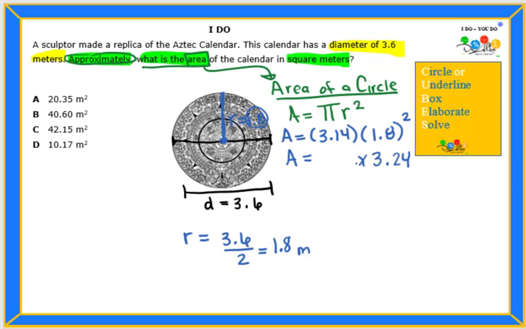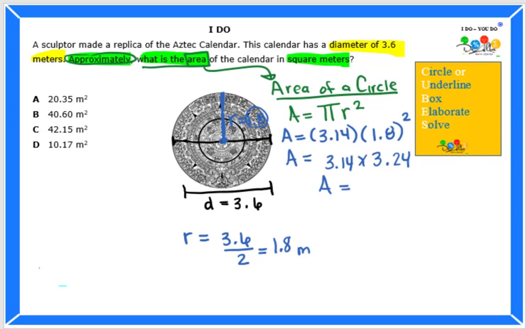That will be multiplied by pi, which is 3.14. So to find our area, we will multiply 3.14 times 3.24. Okay, so go ahead and take a moment to multiply pi, which is 3.14, times 3.24.